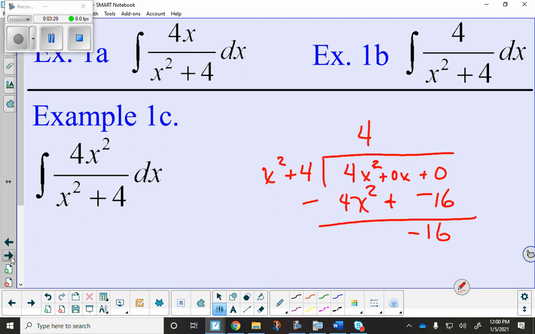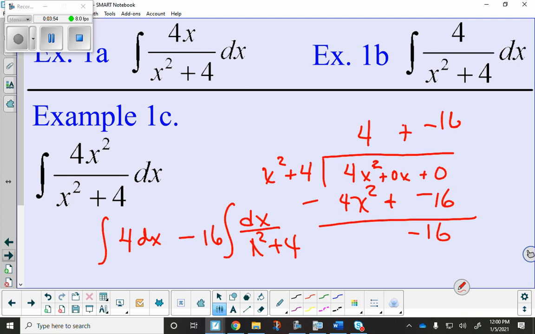So this is actually the integral of 4 dx plus or minus 16 times the integral of dx over x squared plus 4, because this is negative 16 over x squared plus 4.